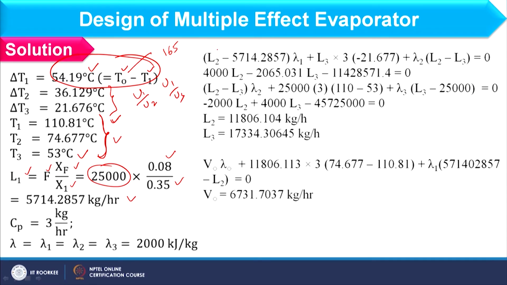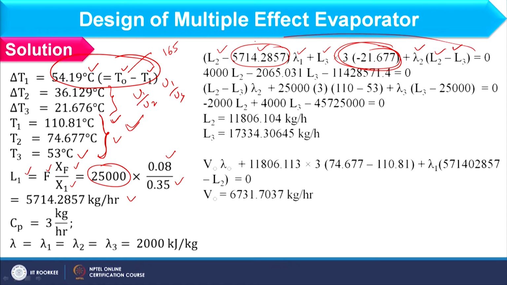So, here I am having L2 minus L1. So, L1 value I know now, lambda 1 value I already know, L3 is unknown to me, and so you can find out here, and you can consider the temperature difference, which you have already calculated previously. Similarly, lambda 2 is known to me and L2 and L3 are unknown to me. Okay.